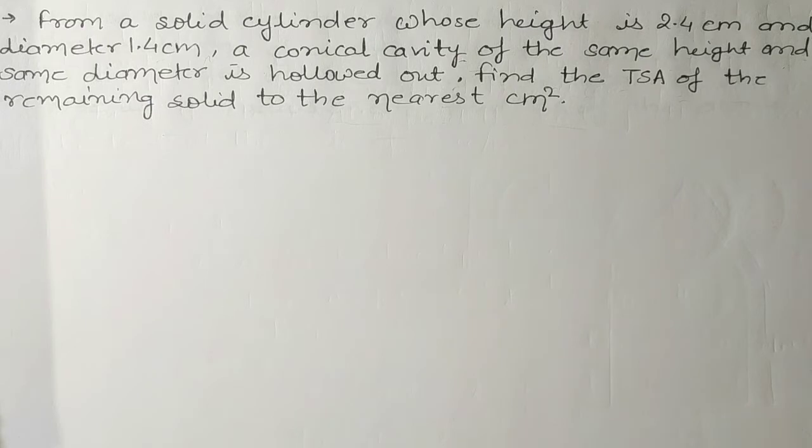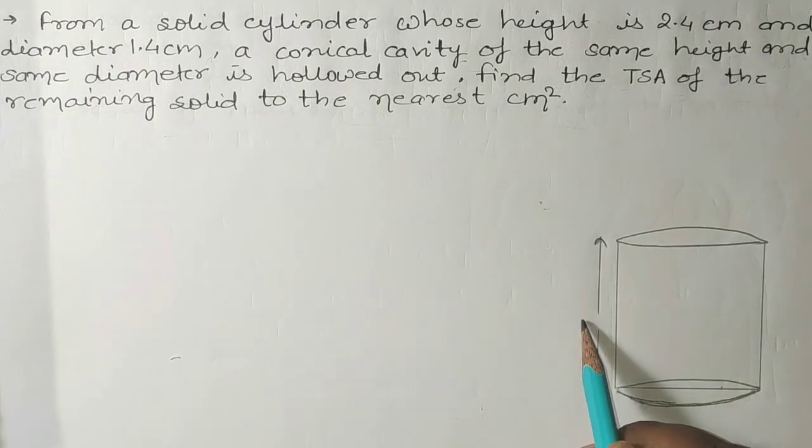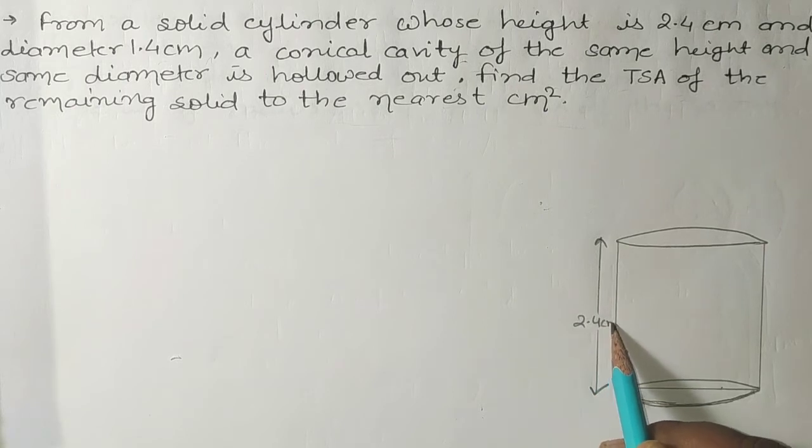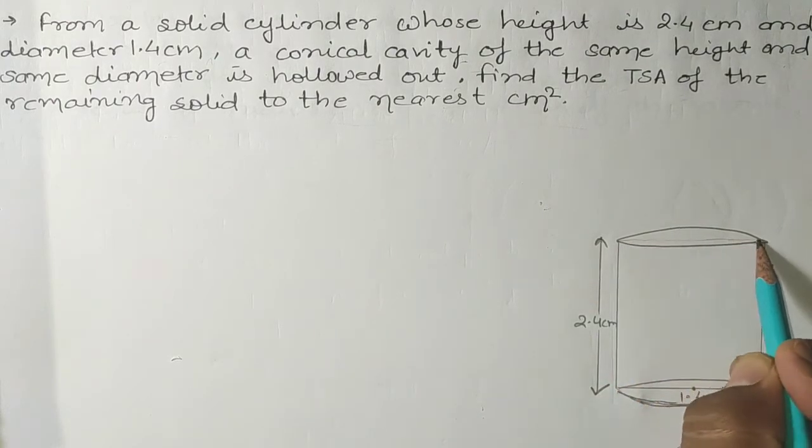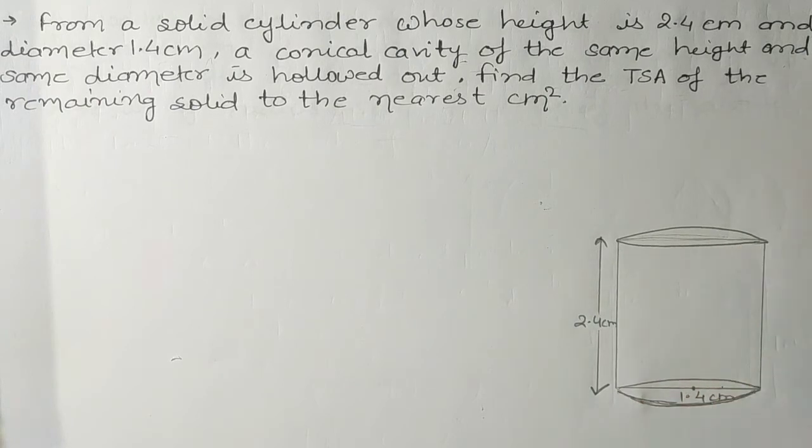So see, firstly it is given that there is a cylinder whose height is 2.4 centimeter and diameter is 1.4 centimeter, like this. Suppose it is the center, so the diameter here will also be 1.4.